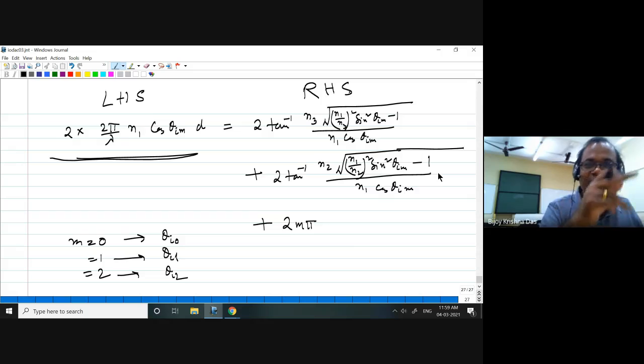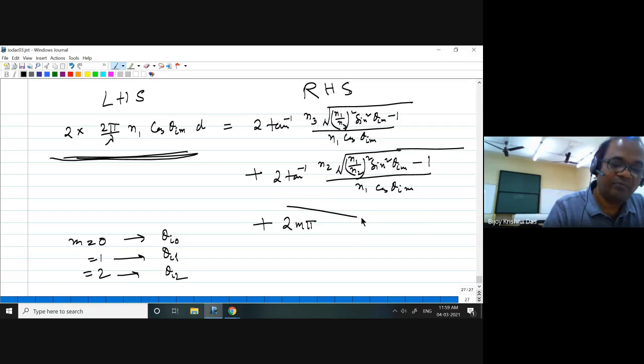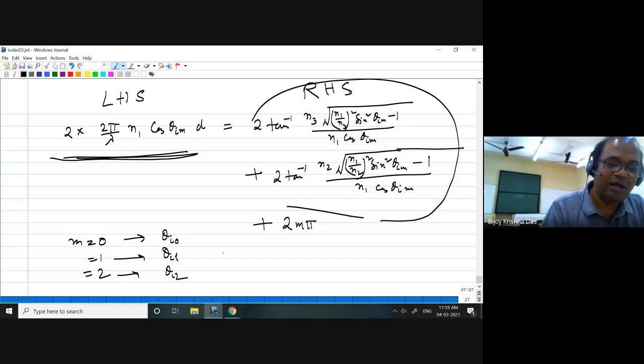Then where they intersect, that will be your solution. So in MATLAB, you can plot this one, and you can plot this one. Then you can get at which theta im value they intersect. For m equal to 0, you will get one solution, m equal to 1, and so on.